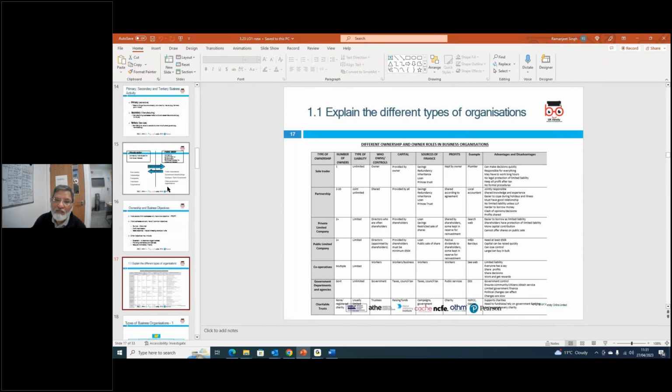If he takes on somebody else, then he becomes a partnership. The minimum for a partnership is two, and there are different advantages and disadvantages. Advantages are that you're getting more capital, more skills, more expertise, and sharing responsibilities.